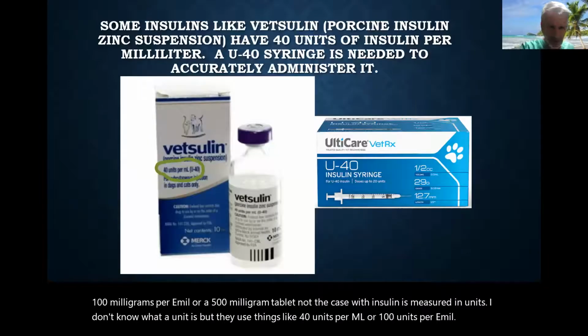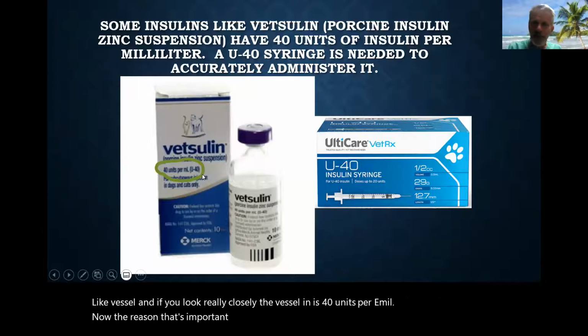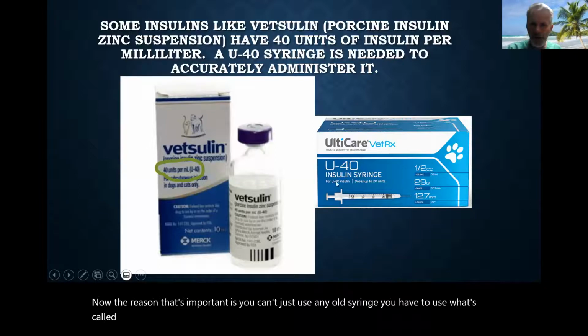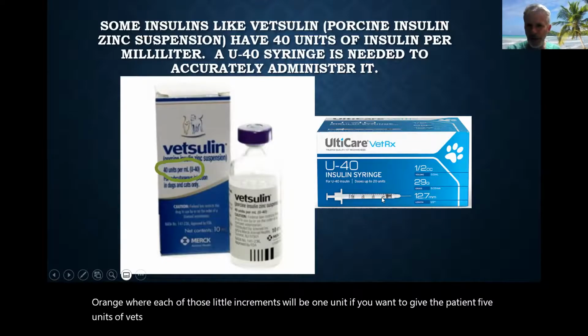Like Vetsulin, if you look really closely, is 40 units per ml. Now, the reason that's important is you can't just use any old syringe. You have to use what's called a U40 syringe, where each of those little increments will be 1 unit. If you want to give the patient 5 units of Vetsulin, you use a U40 syringe and you draw it up to that point right there.